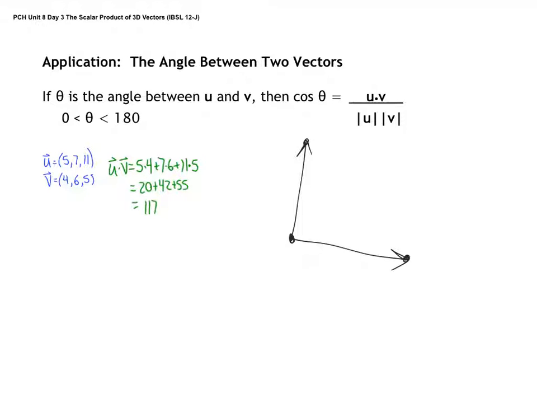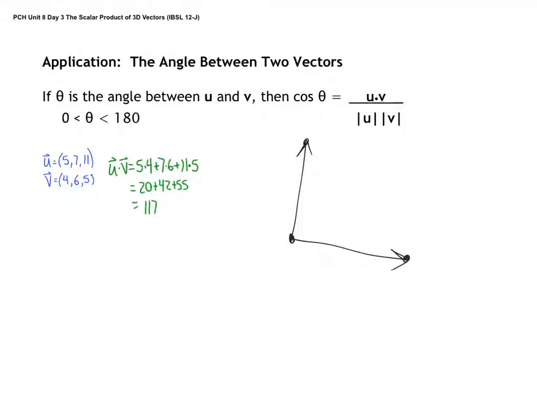So we can find the angle between those two vectors using this same formula. The cosine of theta is the dot product over the product of the magnitudes. The only difference is how you're finding the dot product, like we just saw, and how you're finding the magnitudes, like we've done already.